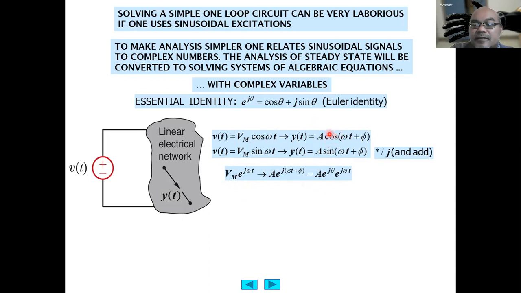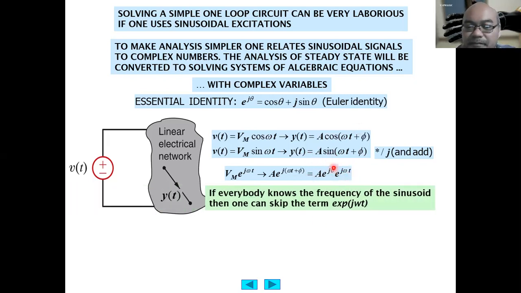We know that this equals A times exponent j omega t multiplied by exponent j theta, sorry, j phi, multiplied by exponent j omega t.